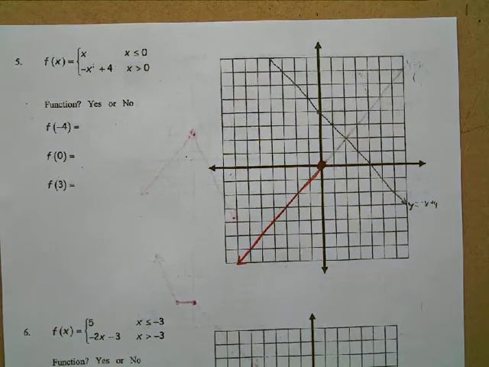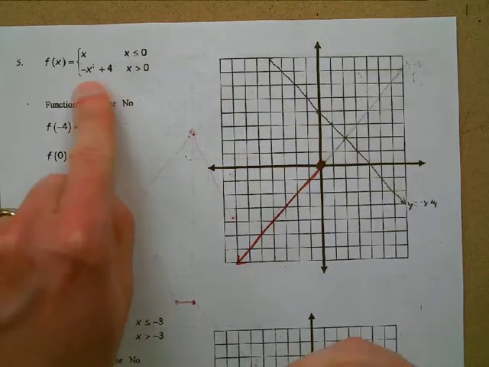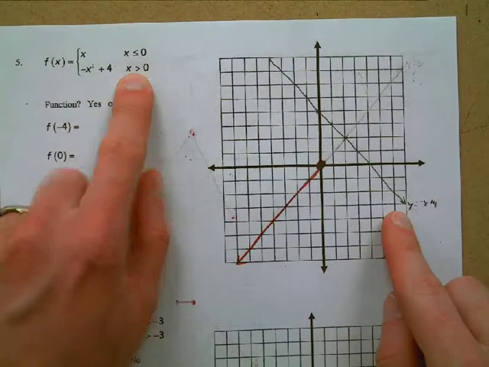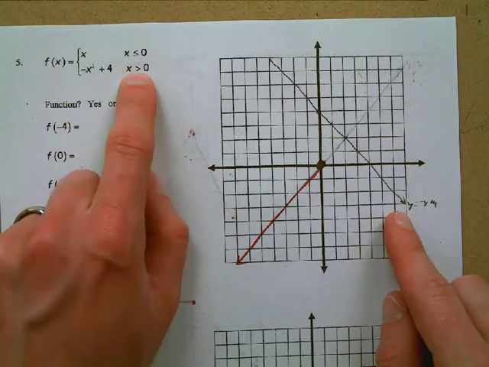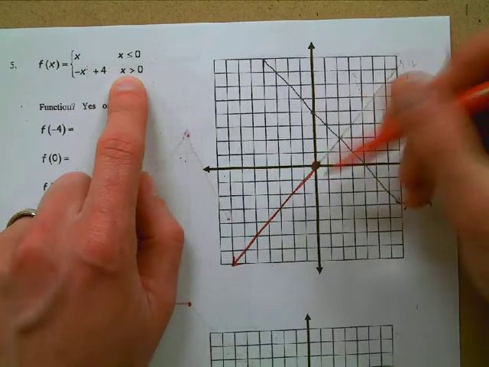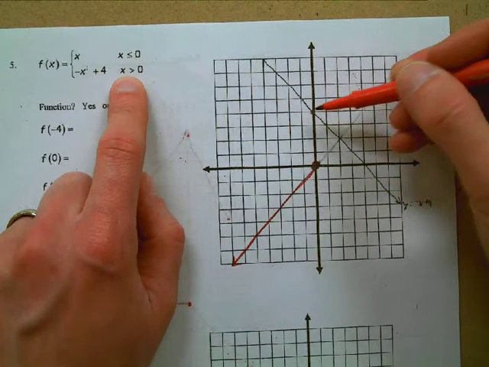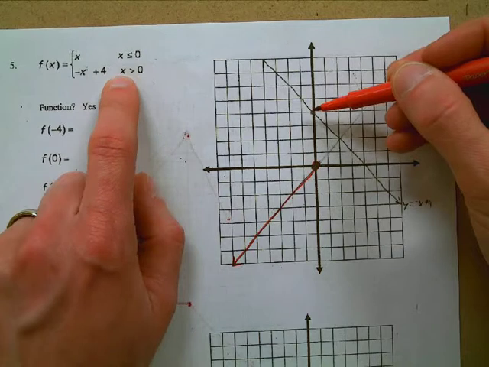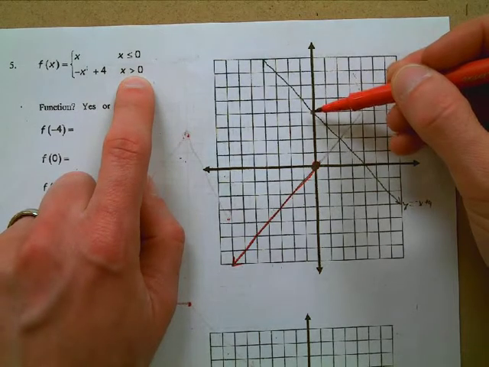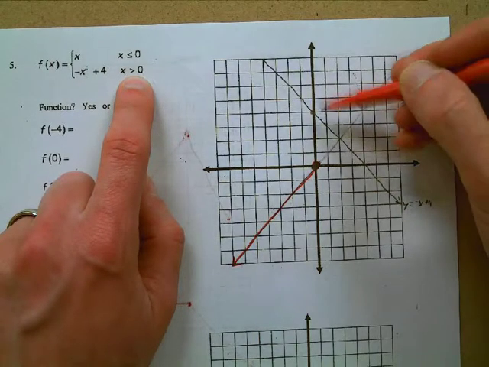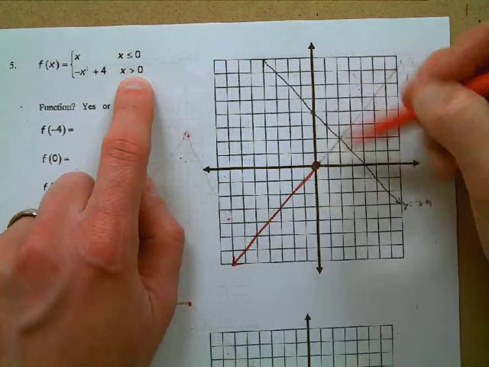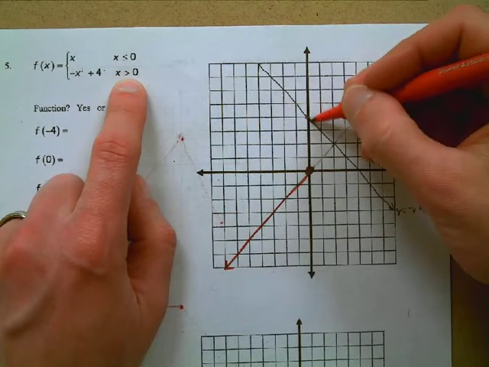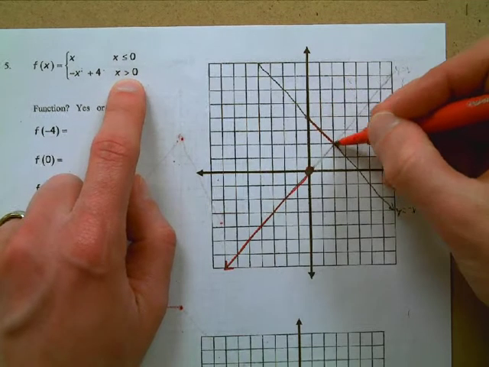Now for the next one, I'm talking about my negative x plus 4, and I'm graphing it only for x values greater than 0. Okay, so again, here is where my graph has an x value of 0 right there, and I want to graph x values greater than 0. So does that mean I want to graph to the right or to the left? For greater than 0, to the right, right? So from this point, I'm going to go to the right, and just highlight there.